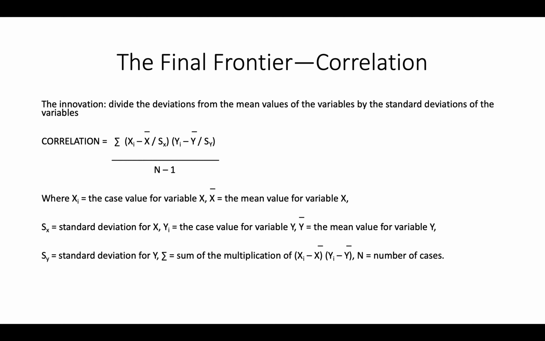Since we standardize the deviations from the mean value by using the standard deviation, we thus constrain the range of values for the correlation coefficient and are thus able to interpret the strength of the correlation as well as the direction.